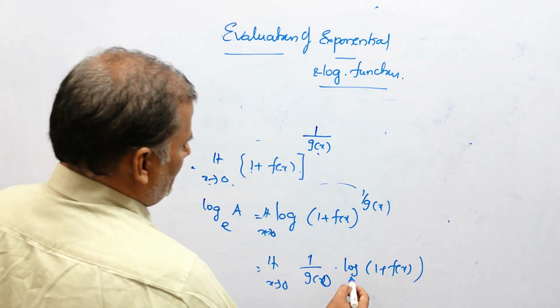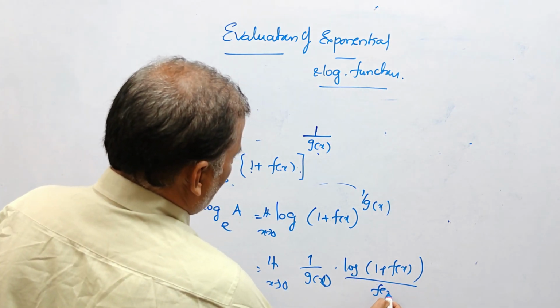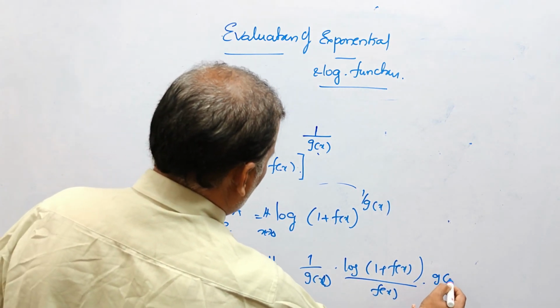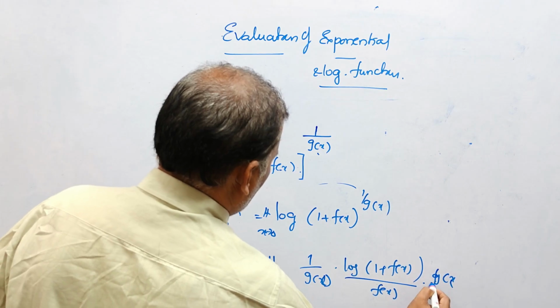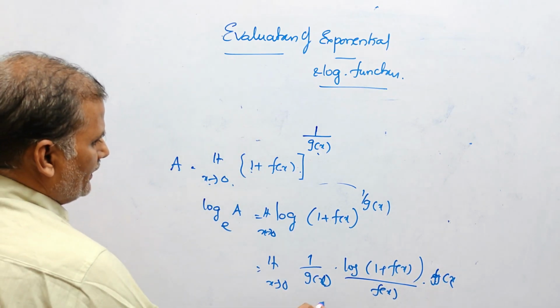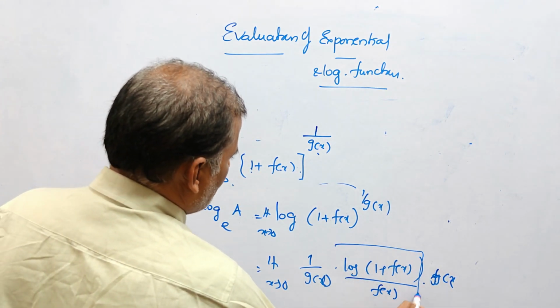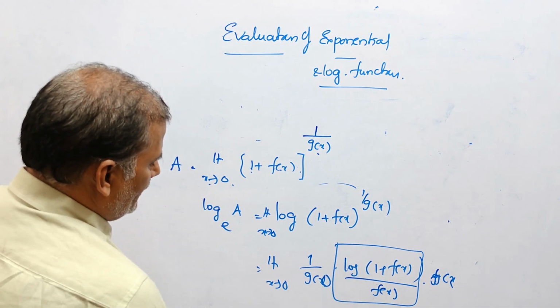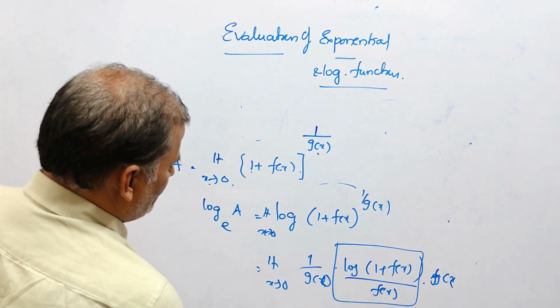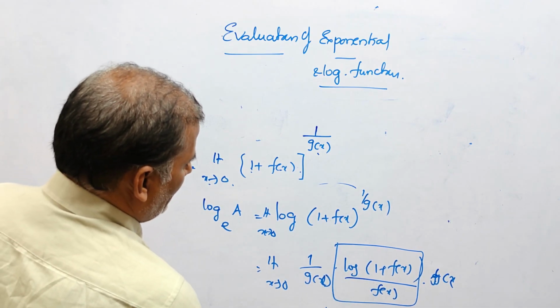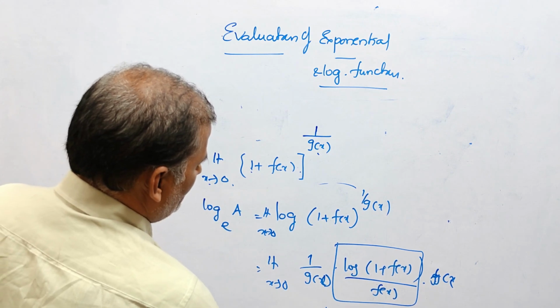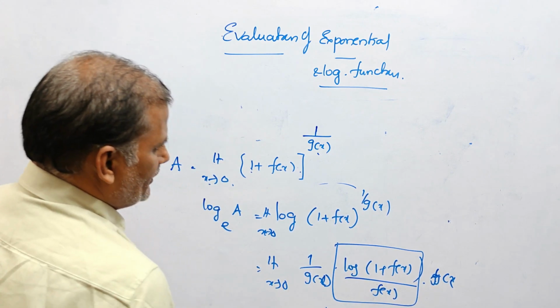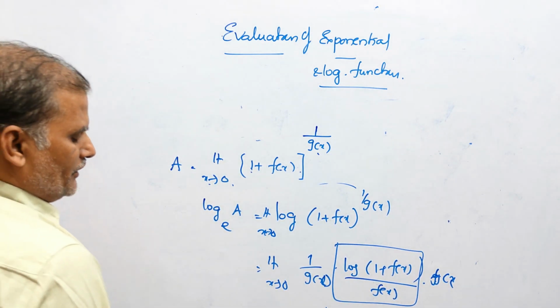Now we multiply and divide by f(x). Now here log(1 plus x) by x is equal to 1. Therefore limit x tends to 0, 1 by g(x) into f(x), that means f(x) by g(x).